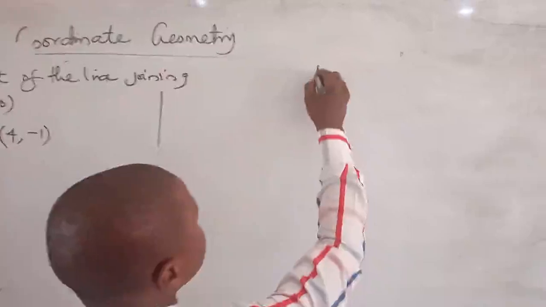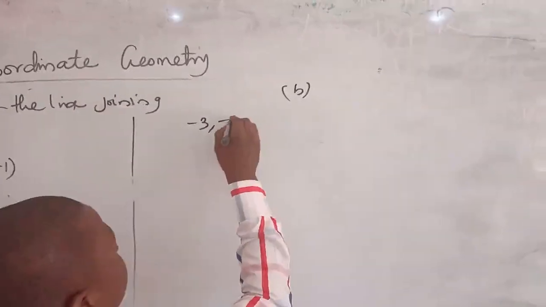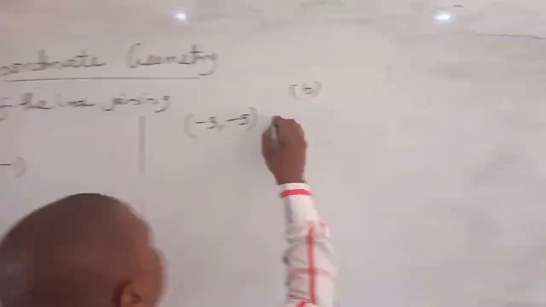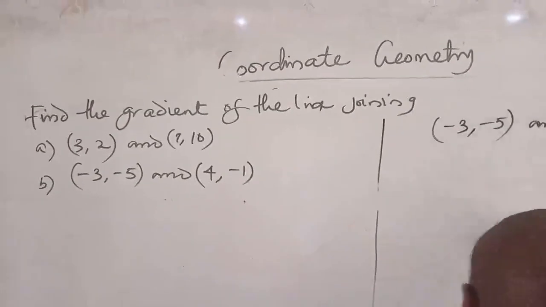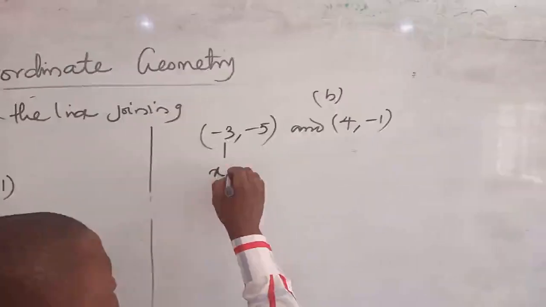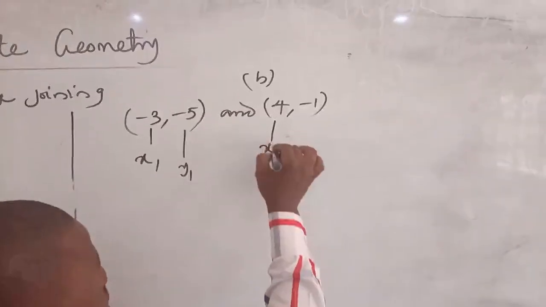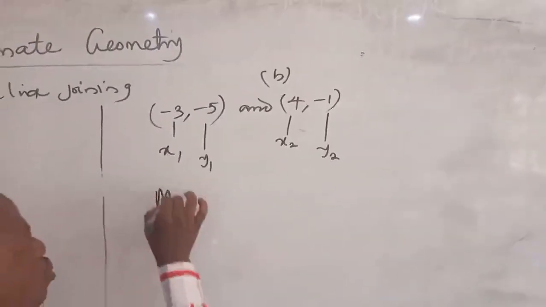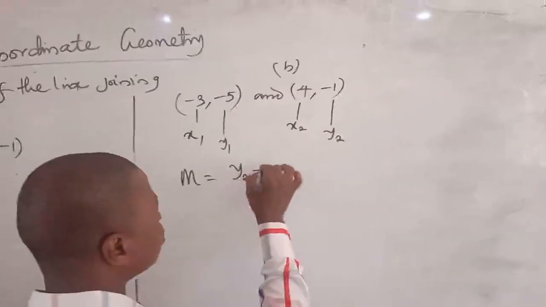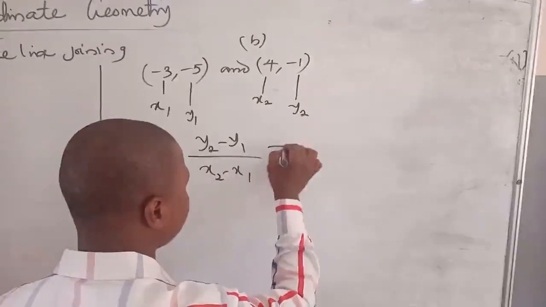So the second question, we have minus 3, minus 5 and 4, minus 1. So this is our x1, this is our y1, this is our x2, and this is our y2. So slope is y2 minus y1 over x2 minus x1.